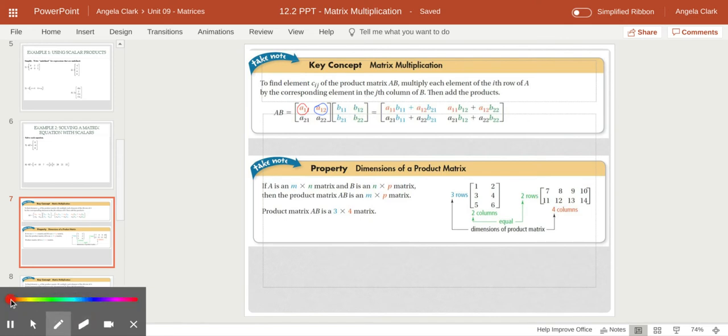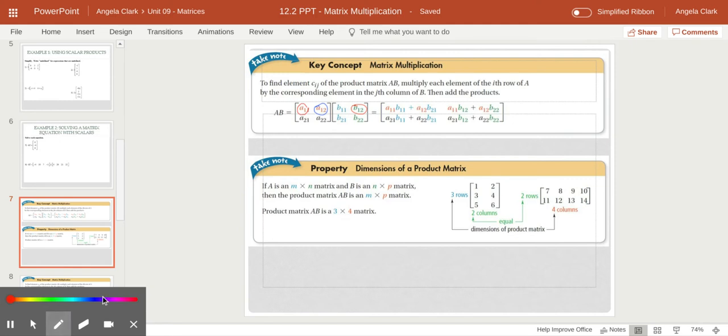So then this one, we're going to multiply the first element in the first row of A times the first element in the second column of B. So first row, second column.